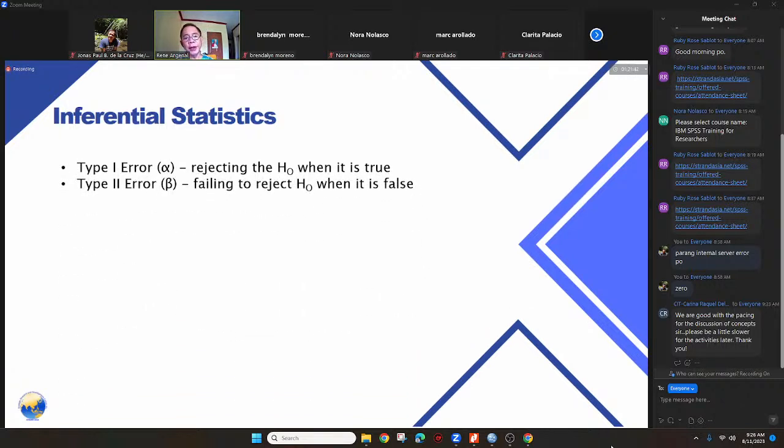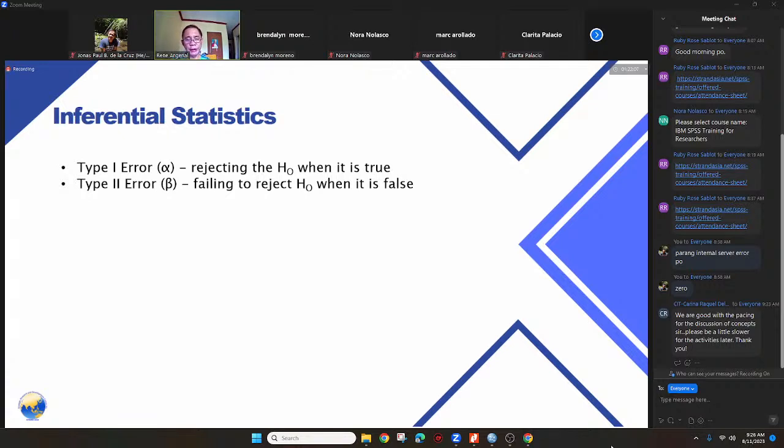And then type 2 error, that is when you accept the null when in fact it is false. So accept meaning fail to reject. Because there are some statistics books that don't want to use "accept the null hypothesis", because accepting the null hypothesis doesn't necessarily mean that it is true.